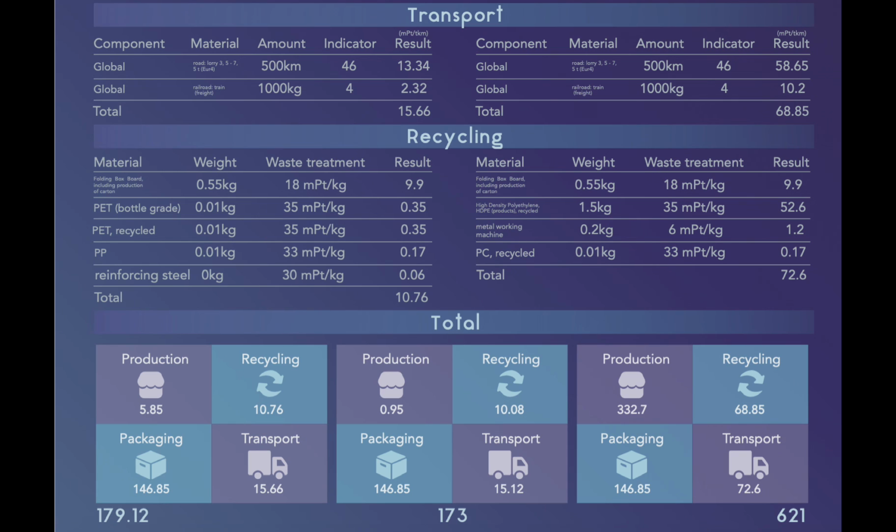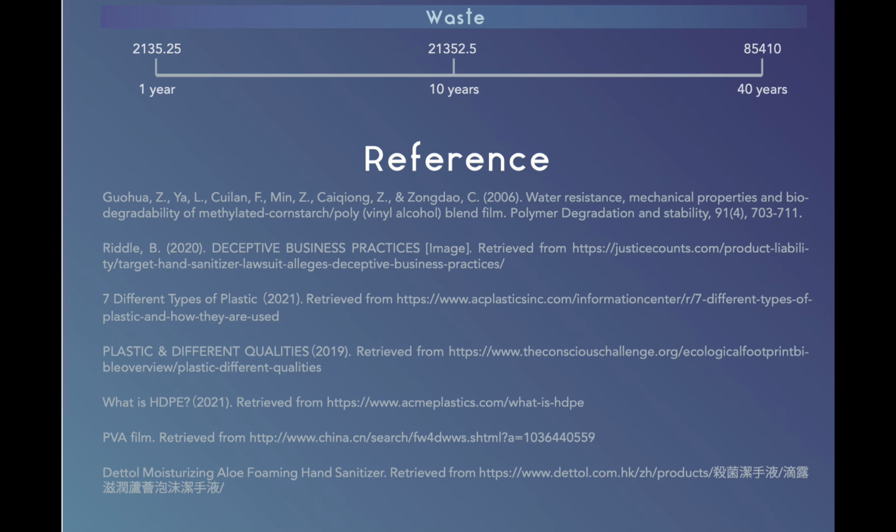Although each bottle of hand sanitizer only causes 5.85 waste of resources, the wasted resources will be very large over time. We want to show you this data. HDPE is a material that has a lifespan of 50 years. Assume that the device has a 40 year life cycle without being maliciously sabotaged.